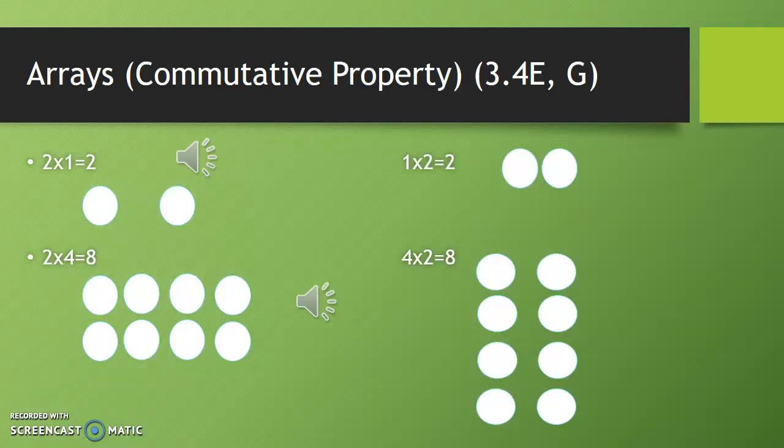In real life, this will really come into play, especially if you're doing seating arrangements or if you're trying to place things on a table to count them. You might do different rows or different columns depending on the size of the room. I used to teach in a much smaller room, and so I had to arrange the desks in a much different way because of the amount of space that I had.